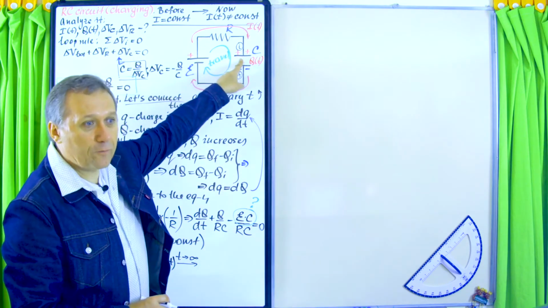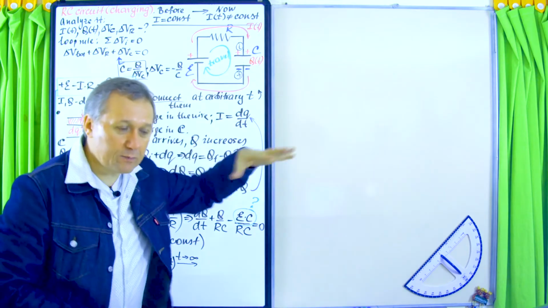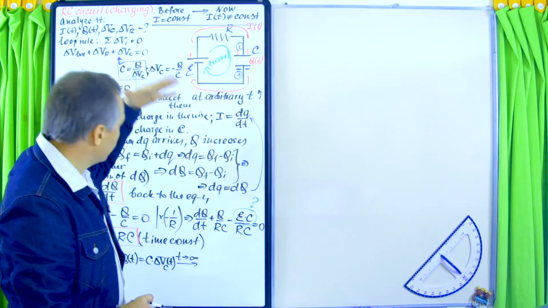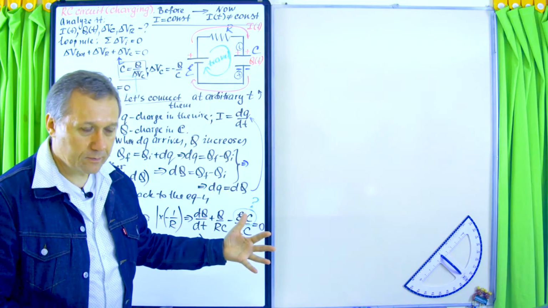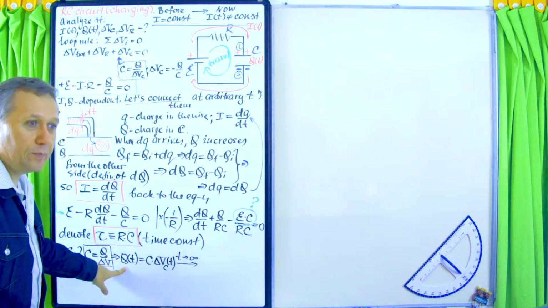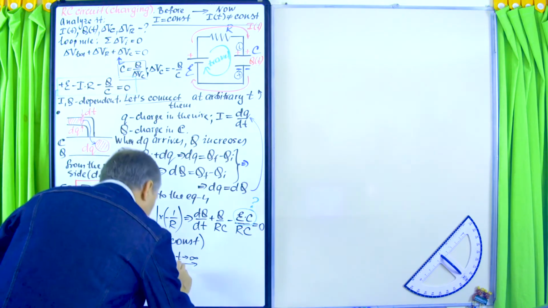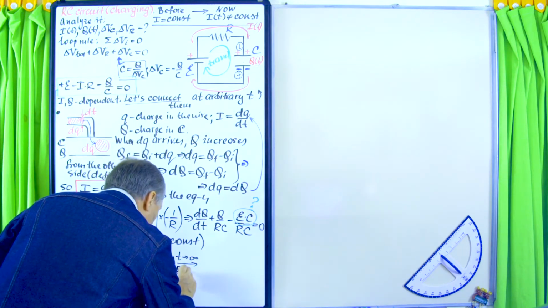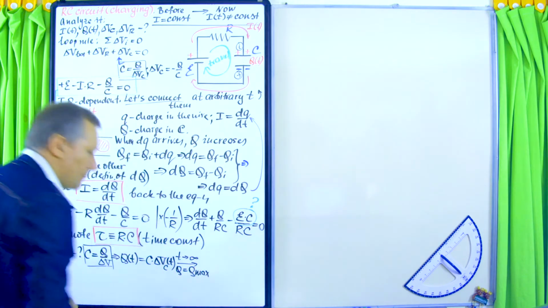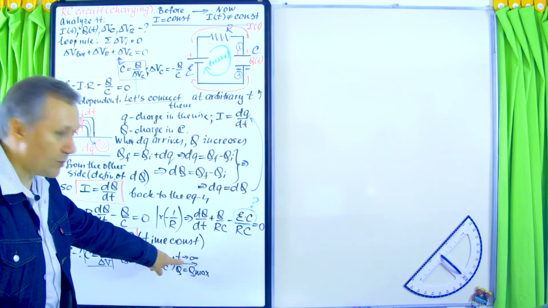This capacitor will be fully charged to the maximum possible charge that it can hold under these conditions. So if you wait long enough, Q will be maximum. So in this case, I can write Q will be equal to Q max, at this moment of time.